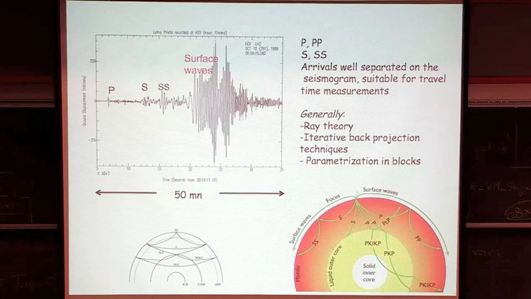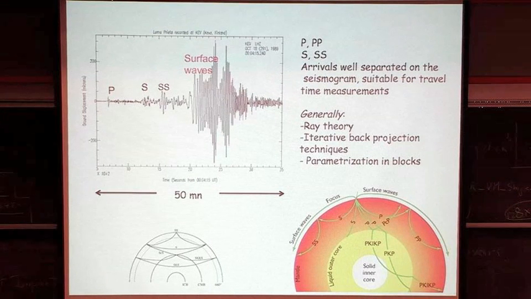That is, the basic assumption that the sensitivity is restricted to the ray path, so the structure along the ray path, is a pretty good first-order approximation. There has been a lot of work done recently on these banana-donut kernels, which provide improvements to ray theory. But to first order, this is pretty good.